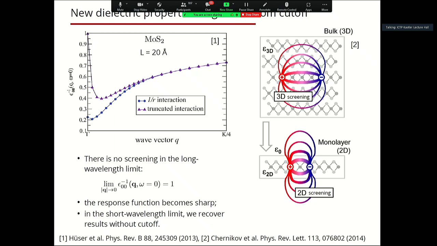It can be seen here that for medium to high wave vectors, the response of the system is the same, while in the long wavelength limit, the two responses are qualitatively different.